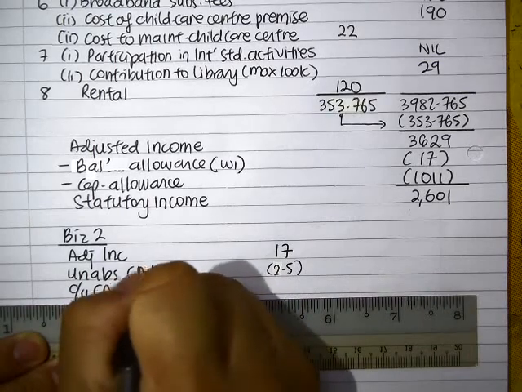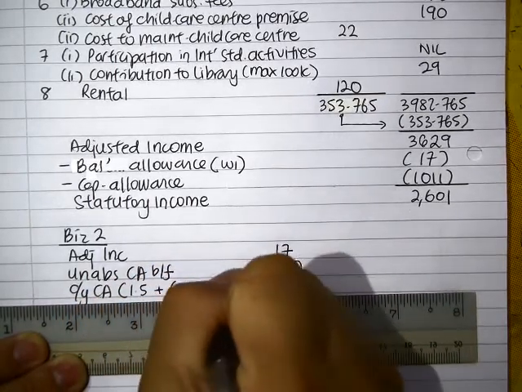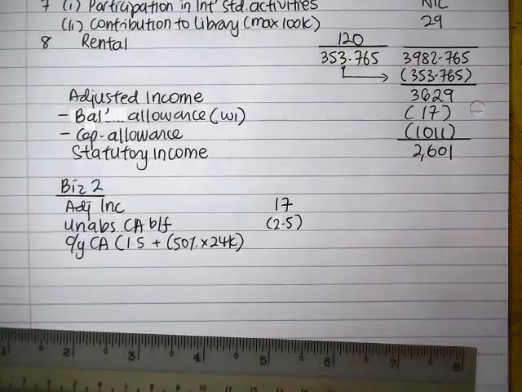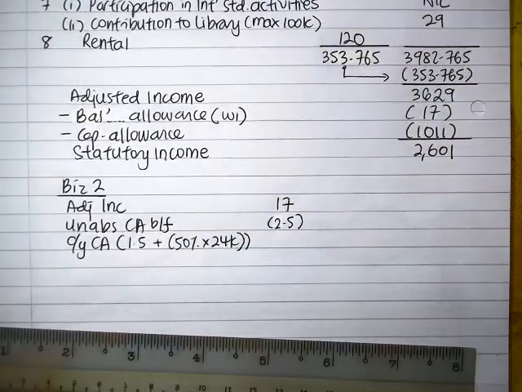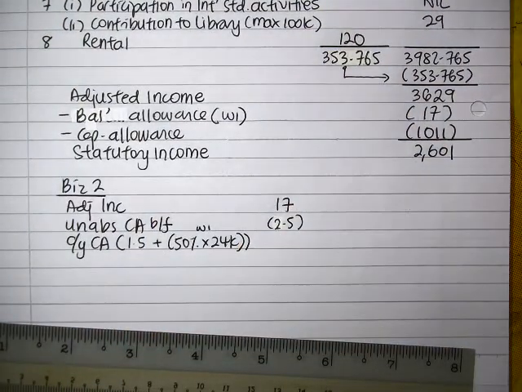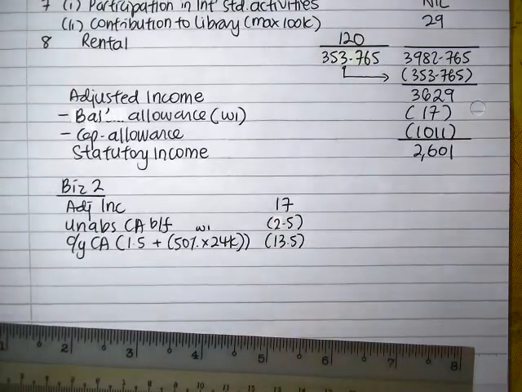Current year CA is 1,005 plus just now got 50% of 24, right? This comes from working 1. So 13,005.